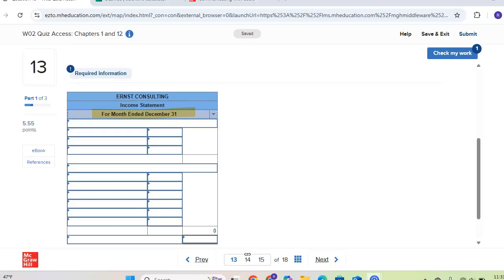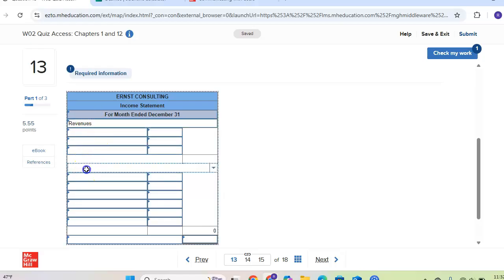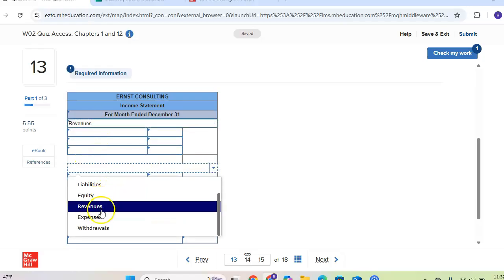It's not a specific date, but a period of time. Next, we know that an income statement starts with revenues on the top and then expenses on the bottom.